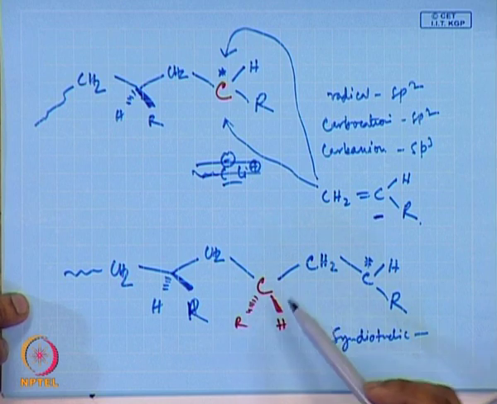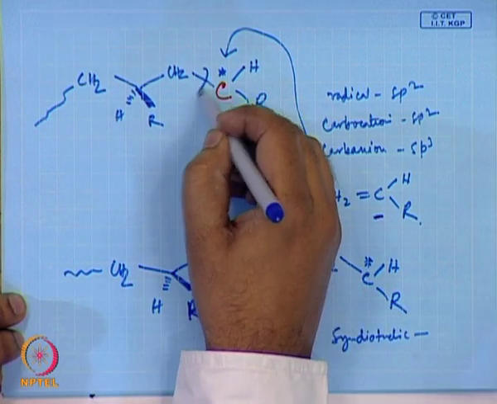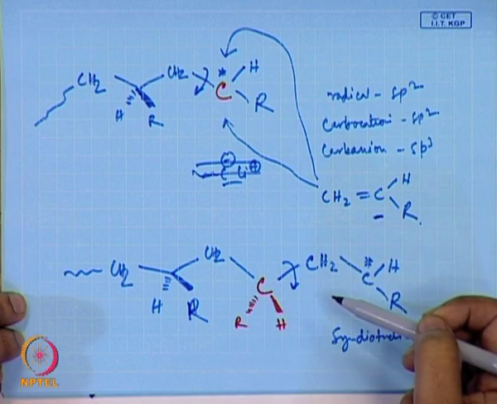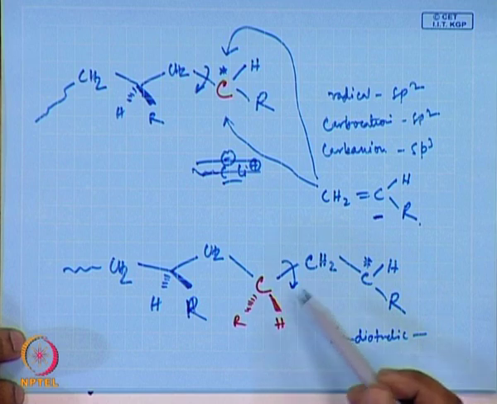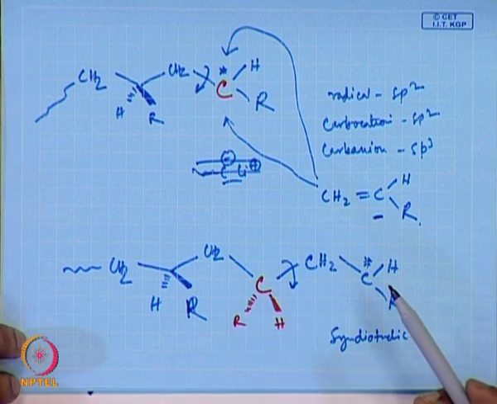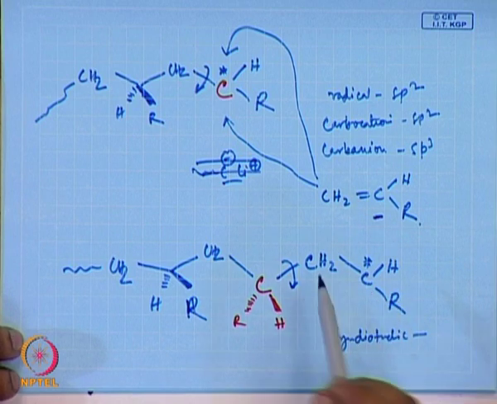Now, again this bond can rotate freely. So, obviously, if the temperature is higher, then it can rotate and form the isotactic linkage as well, okay, isotactic linkage.